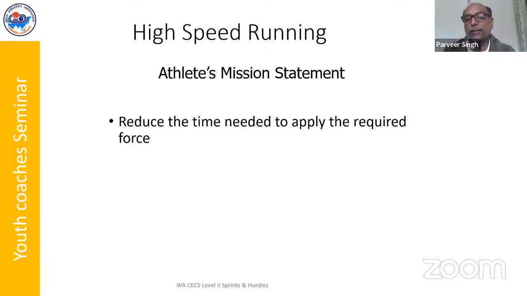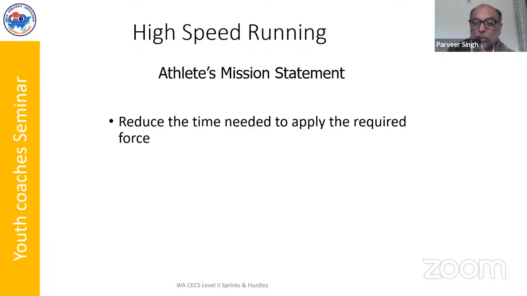This is a similar point which we have discussed in the strength training part and throws training part also: your athlete has the ability to produce force but needs to produce that force in a shorter time, quick. That should be very quick. Similarly, like I mentioned in throws, here in sprints also, the time required to generate the same force should be shorter.